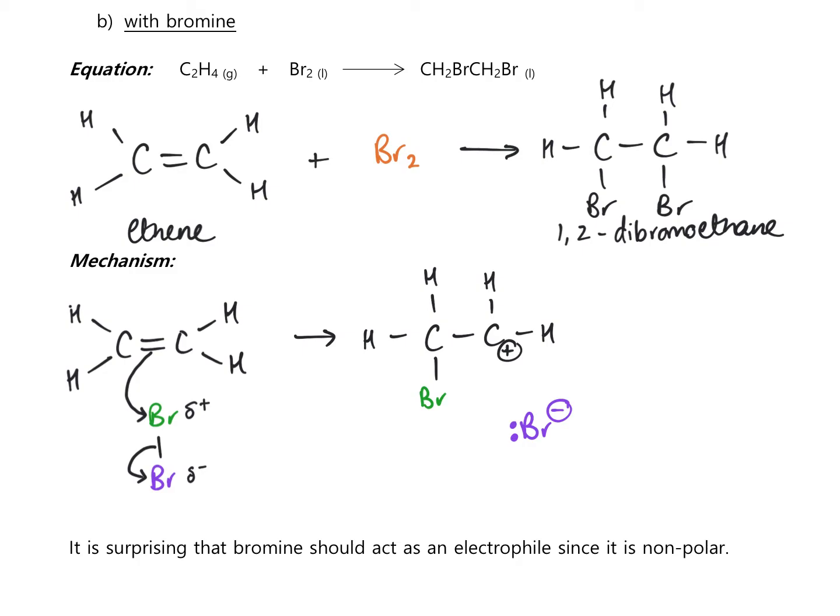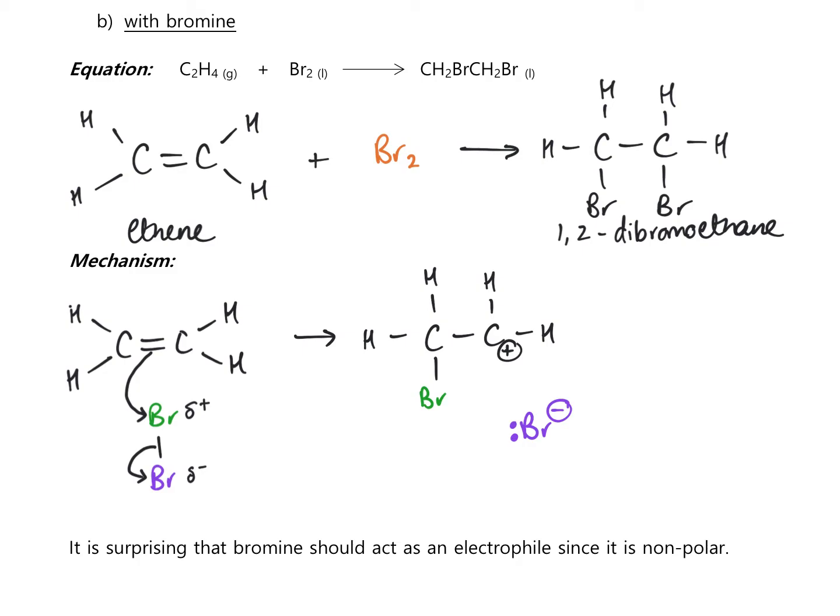And then what happens at this stage? So that's what we've produced from the first step, from the double bond breaking, forming a bond with the green bromine atom, and that bromine-bromine bond breaking. What happens now? Well, you can see we've got a positive and a negative charge, and those are attracted to each other. A really common mistake, please don't draw this in, is for people to do the arrow like this, because they say, oh, well, carbon's forming a bond with bromine.